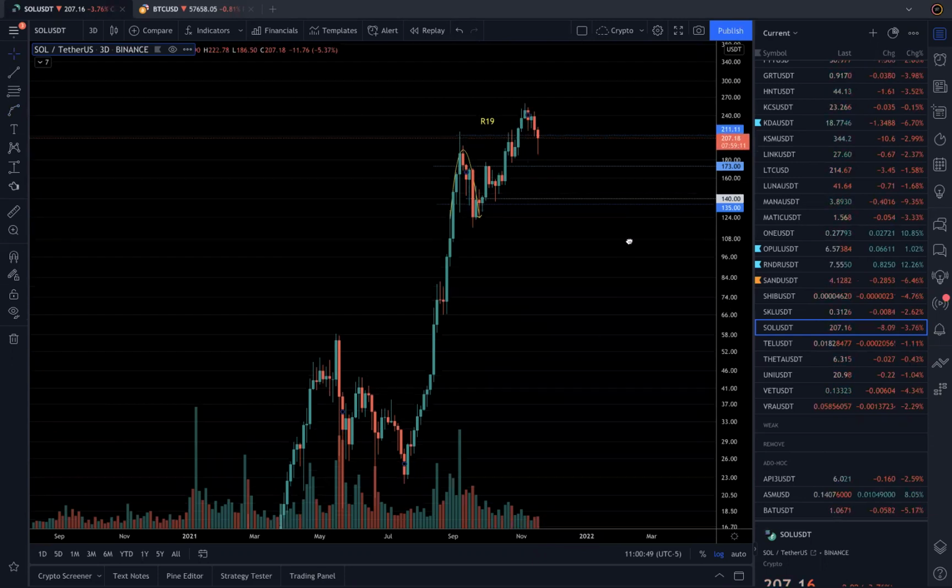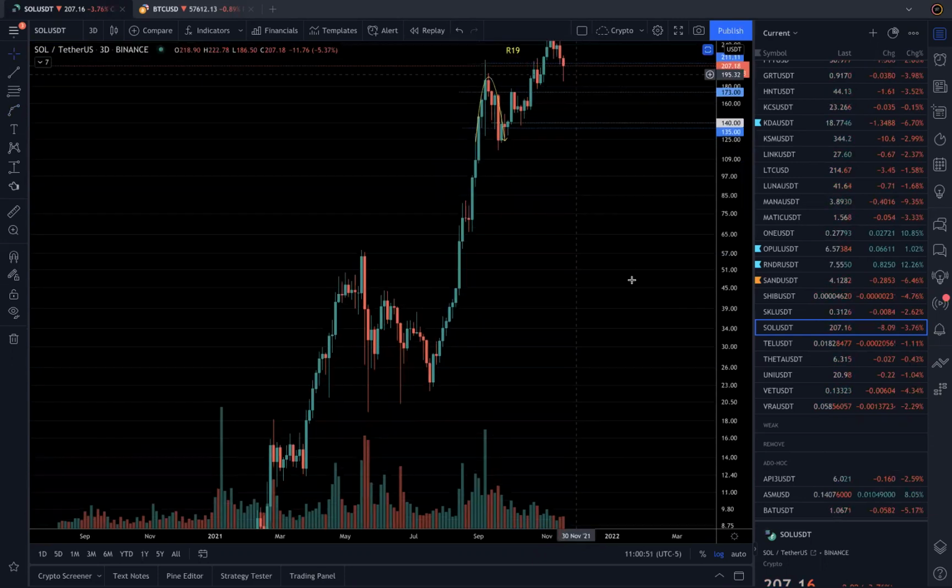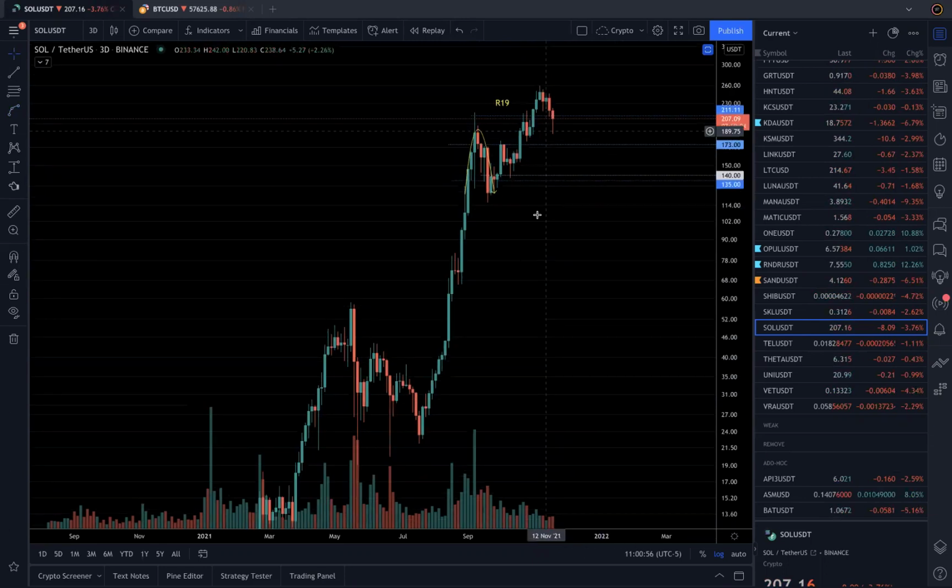I don't know, then it could just go that way, right? There's no support. In short, the only support is this. So that's why after this we don't know, then it's full of risk. At the same time, if it breaks above 250, it's back in the game.